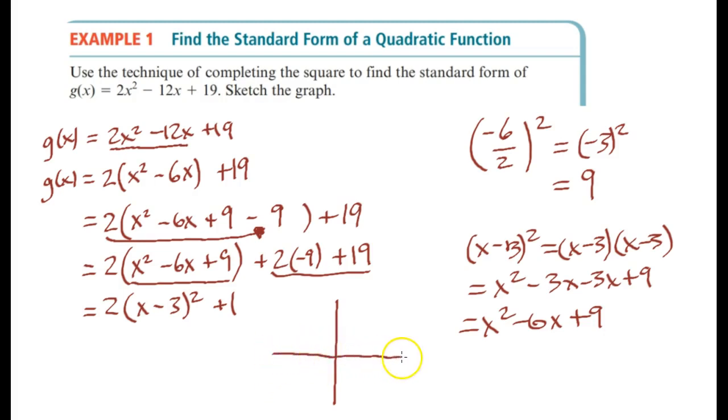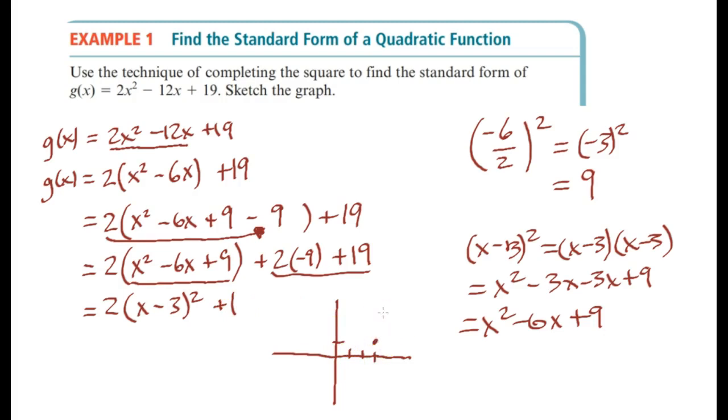Okay, so here's your XY plane. The vertex is usually at h, k, so 3 is actually h. It's not negative 3, it's positive 3. So our vertex is located at 1, 2, 3, and then up 1.